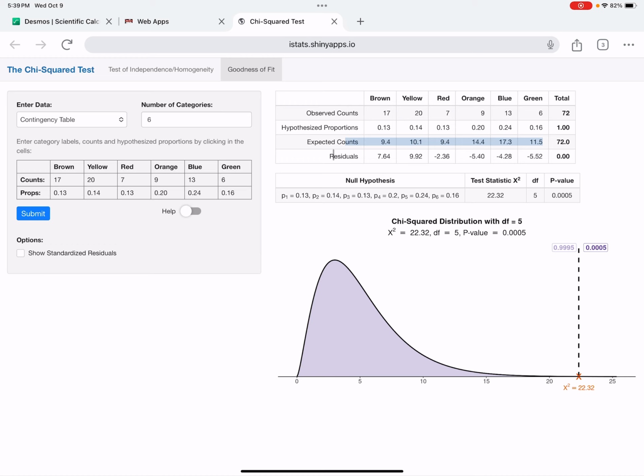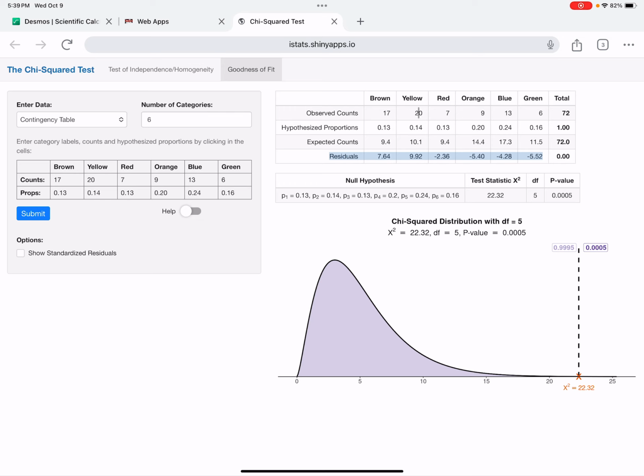You're also given a row here called residuals. Well, okay, we're going to talk about this in a second. But the residuals, maybe let's just talk about it now since we're on this page. The residuals tell us the difference between what we observed and what we expected, right? So if these proportions that were hypothesized were correct, then we would have expected to find about 10 yellow candies in the bag.